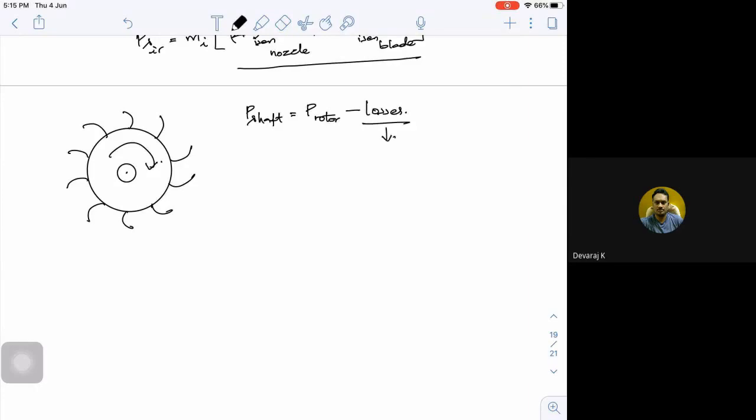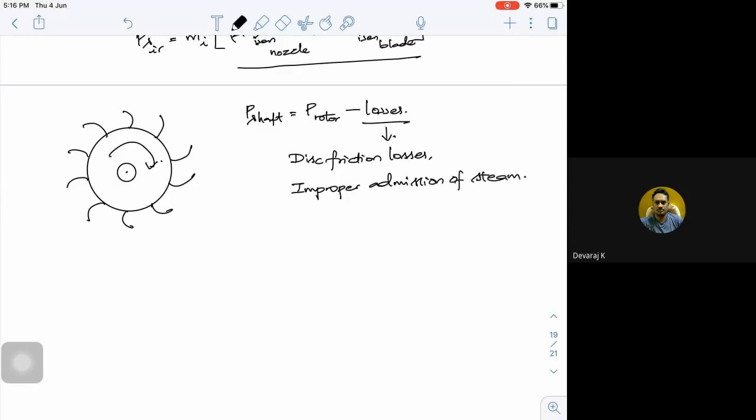These losses include the disc friction losses, and we do have some kind of loss due to improper admission of steam, and some of the books call it partial admission.